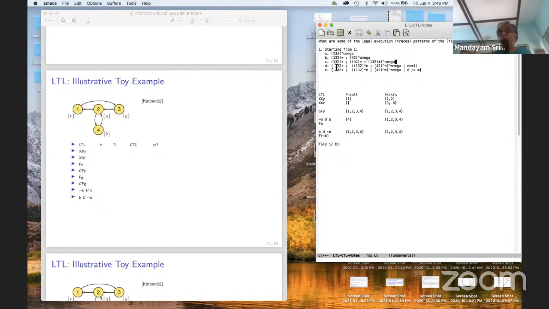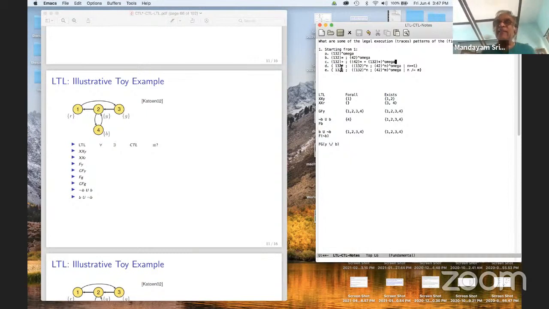It accepts the entire C. All A, B, C are finite executions. But if you say, I want to limit myself only to these, then that's what you're not able to do.